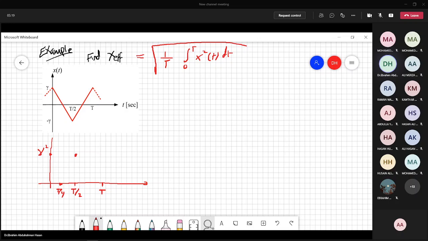Okay, the line. Then if you square it, you will get a parabola, so it is a parabola concave up.